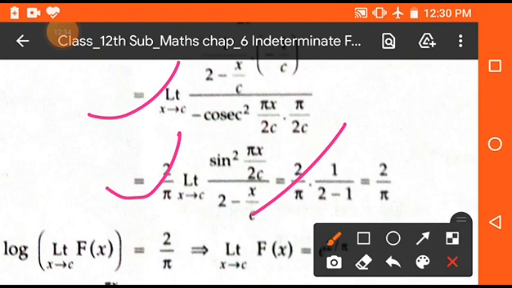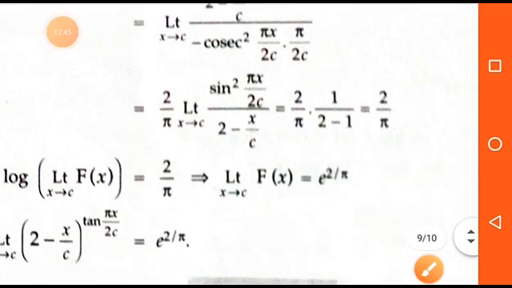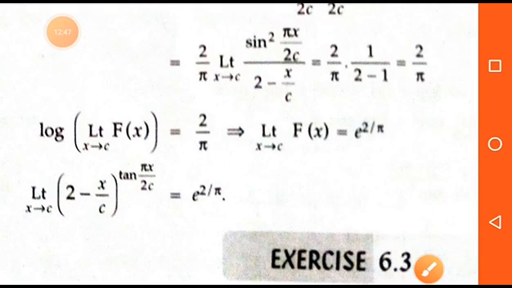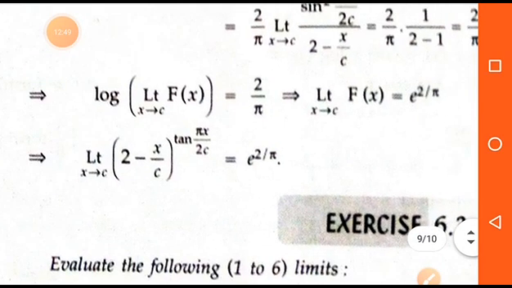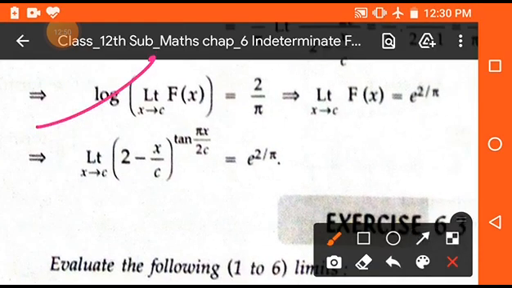That means 2 upon pi, and 2 upon pi is a defined form. Clear? So finally you will get log(limit x tends to c of f(x)) is equal to 2 upon pi. It means that the solution will be e to the power 2 upon pi.